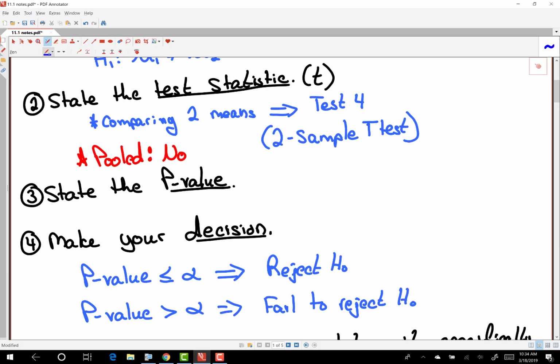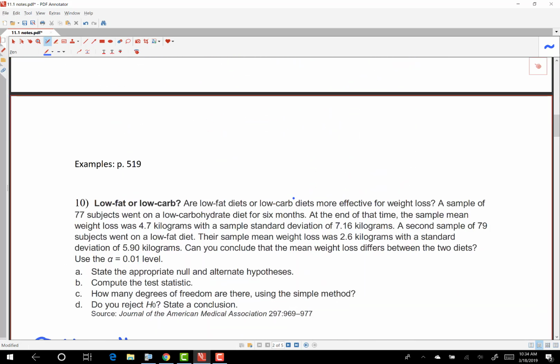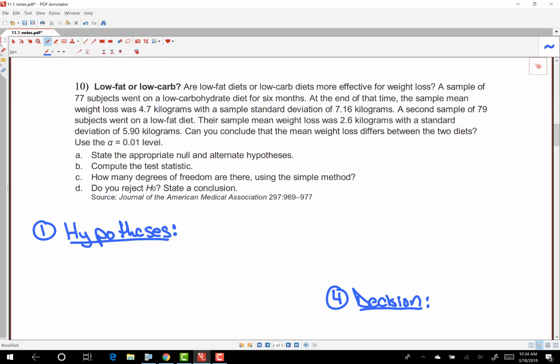All right, so let's do some examples. On page 519, we're going to start with number 10, and we're comparing low fat to low carb. It says, are low fat diets or low carb diets more effective for weight loss? A sample of 77 subjects went on a low carbohydrate diet for 6 months.